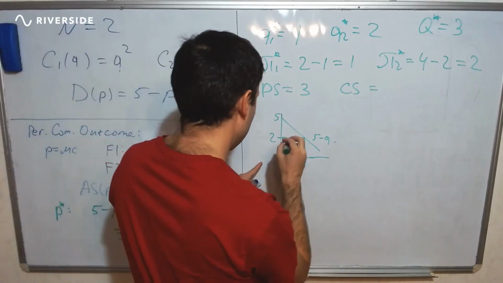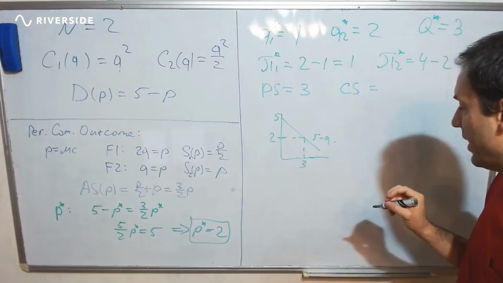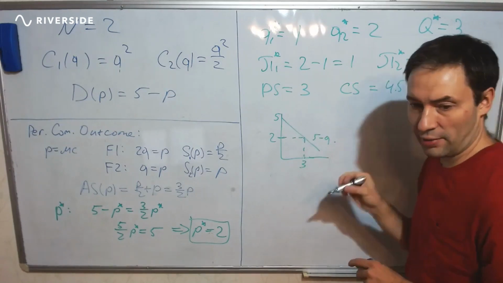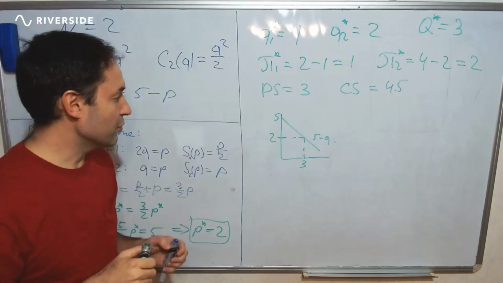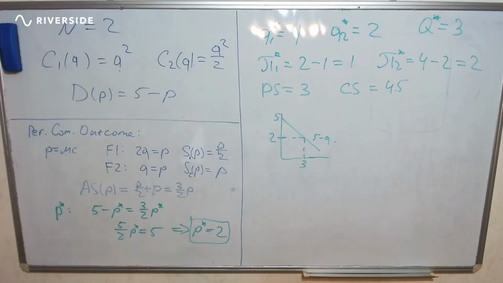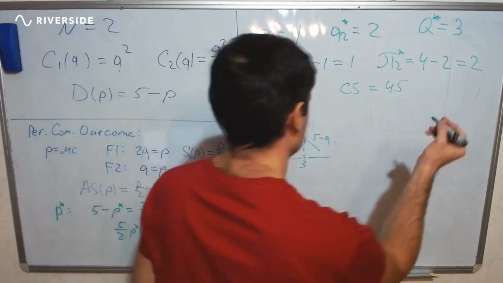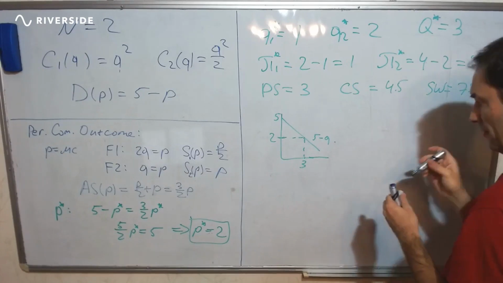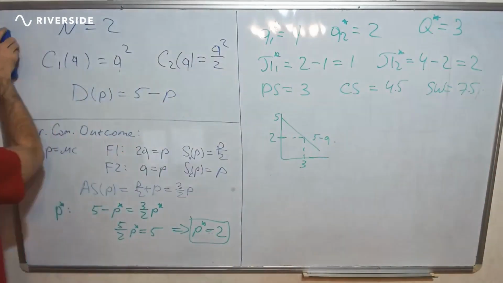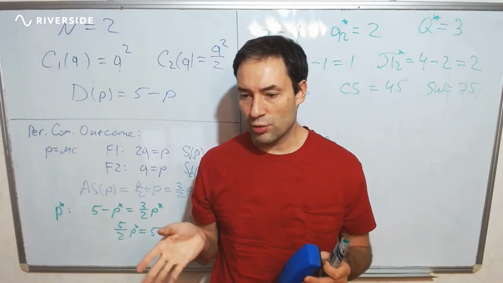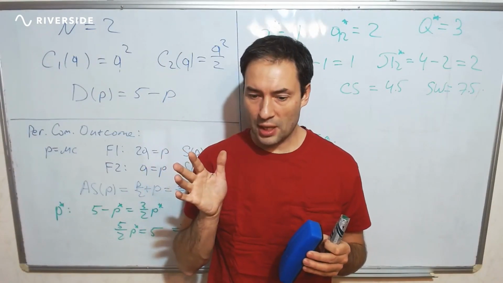Therefore, we have a triangle with sides 3 and 3, so consumer surplus must be 4.5, just half of the 3 by 3 square. Okay, so that's our perfectly competitive outcome. Social welfare is just the sum of these numbers, so 7.5. That's the first question.